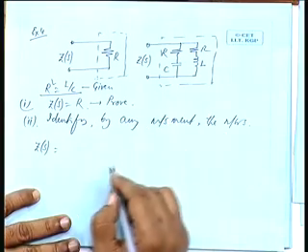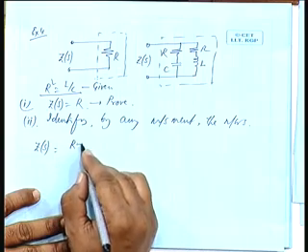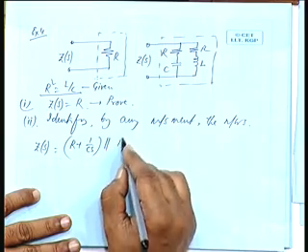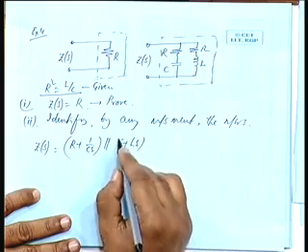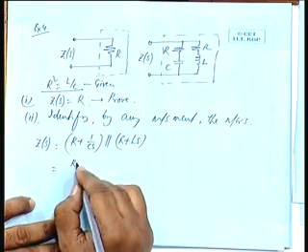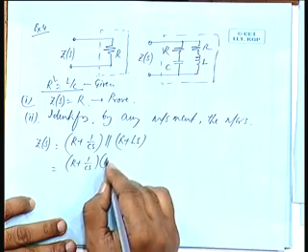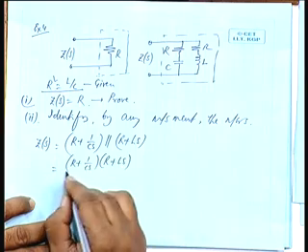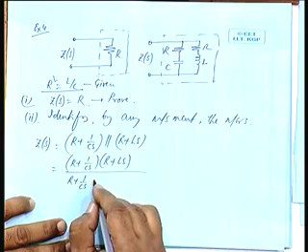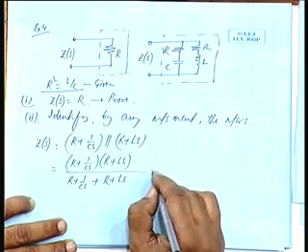How much is ZS? It is RC combination R plus 1 by CS in parallel with R plus LS. Okay. So, that gives me R plus 1 by CS into R plus LS divided by R plus 1 by CS plus R plus LS.